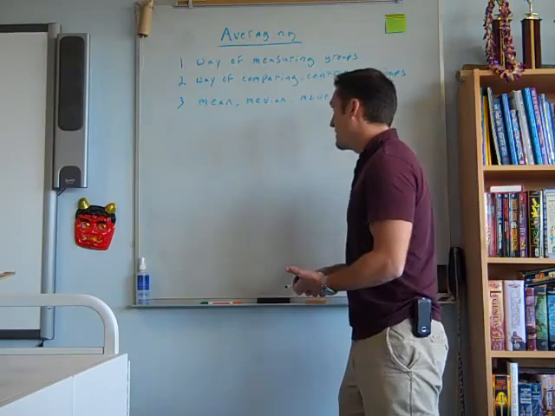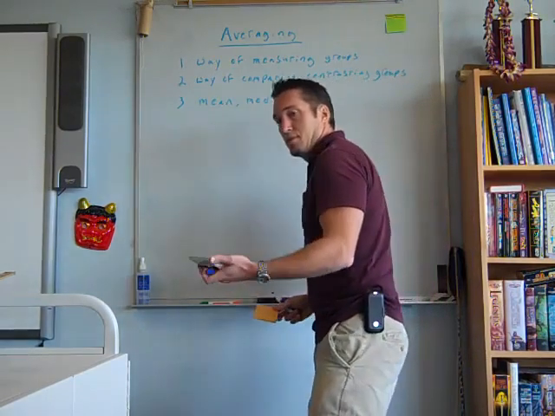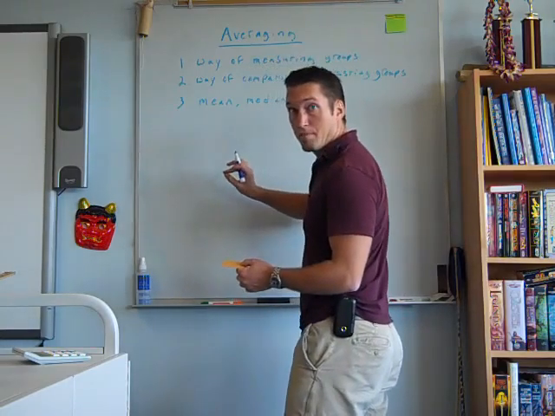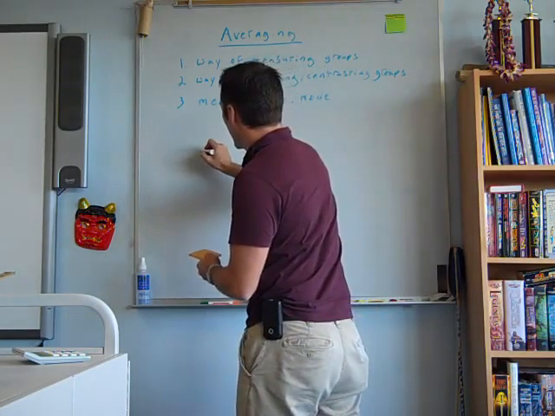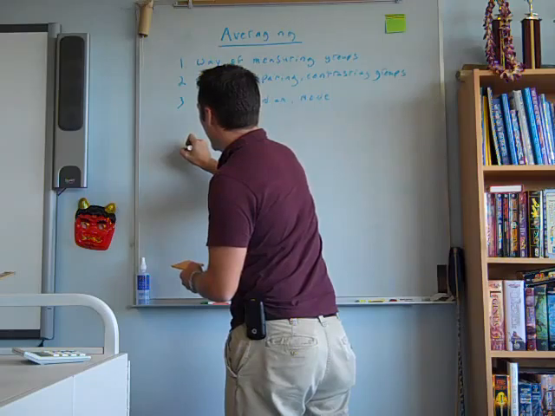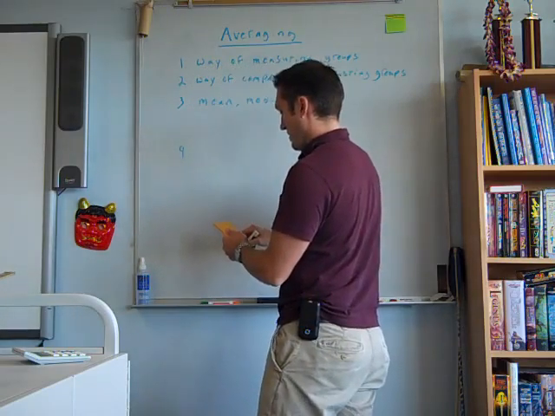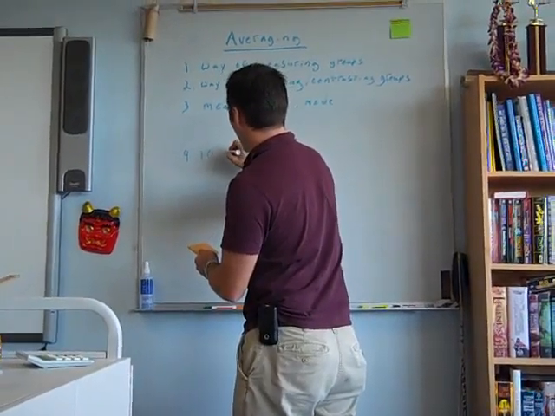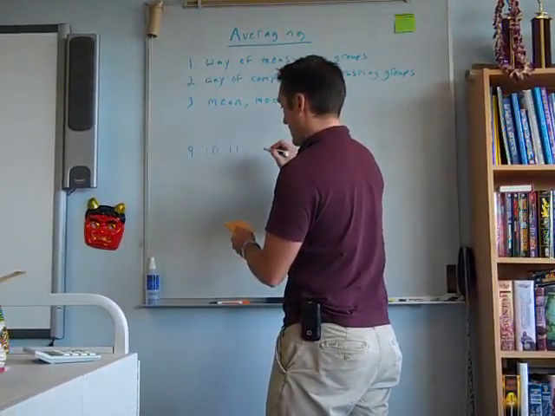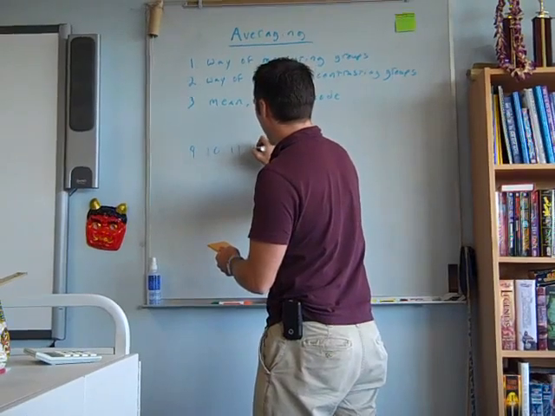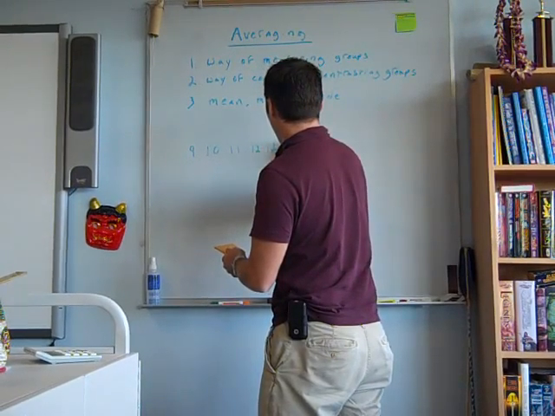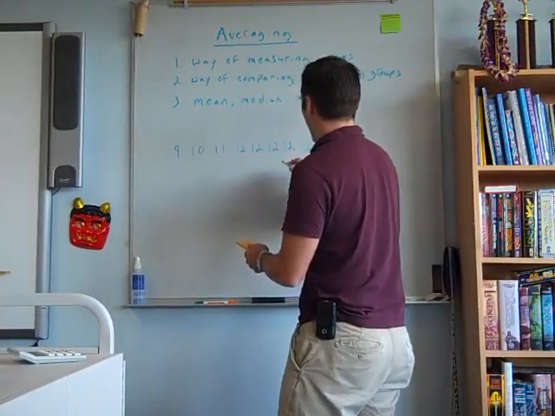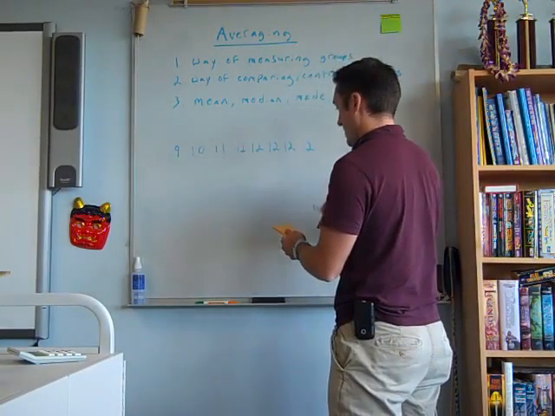Now if we're going to talk about the median of the measurements, we need to make another number line. We'll start with a 9. We had 1 at 9, we had 1 at 10, we had 1 at 11, we had 5 at 12, so 5 12s, 1, 2, 3, 4, 5.